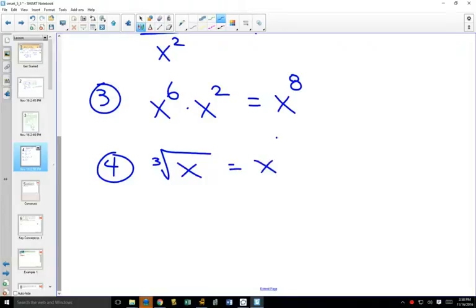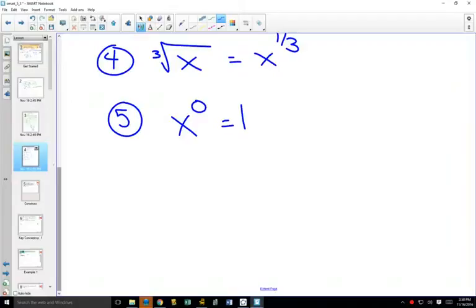X to the 1/3. Square root would be to the 1/2. Good. What about this? Well, it's equal to 1. Good. Are you guys done? Can't think of any more?